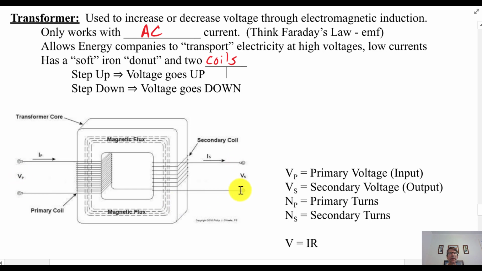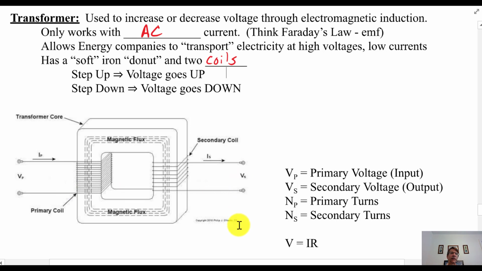And over on the other side, the wire that goes to your phone has 2 wires, and it makes 2 connections inside the phone. That's what they call the secondary. That's the output of the transformer, but it's the input to your phone to charge your phone battery. So this is what plugs into the wall. It's the primary coil, the input to the transformer. Then the output of the transformer goes to the thing you're trying to charge.